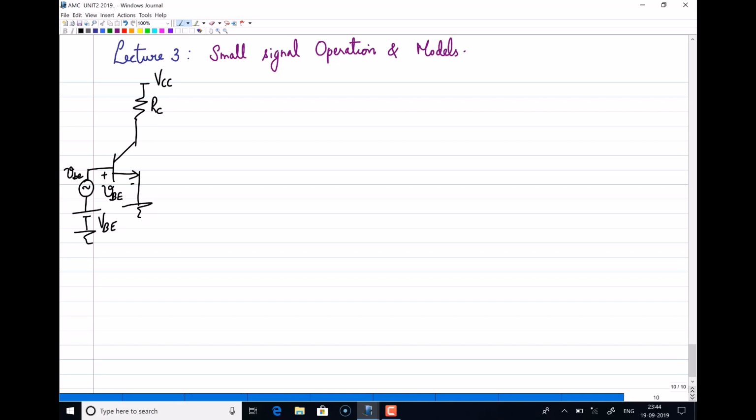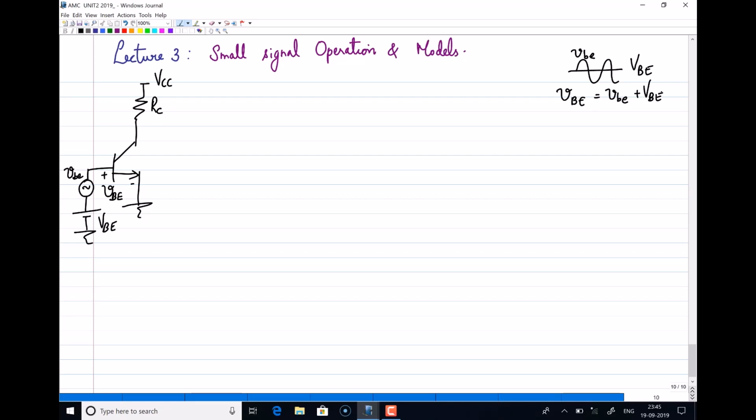Now when you apply a small signal on a DC, as we did in the MOSFET discussion, small signals or AC signals are always applied on top of a DC bias. Here you have a DC bias, capital VBE, and on that we apply a small signal, small v be. So the composite signal is small v BE, which is the sum of capital VBE and small v be.